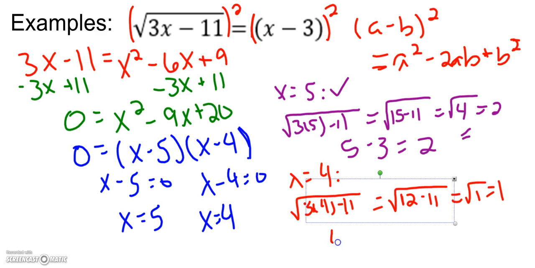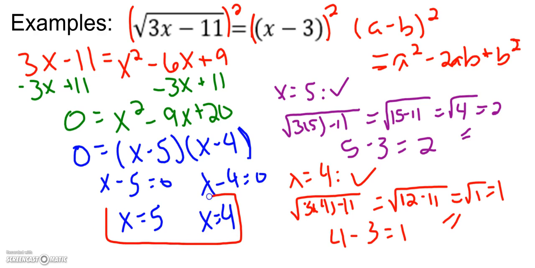Then I've got to do the other side. So I have 4 minus 3 equals 1. Both are equal. Therefore, x equals 4 is an answer. So both of these are our answers. And for those of you that plugged one side into y1 and the other side into y2, you also get the exact same answer. So this one does not have extraneous solutions.